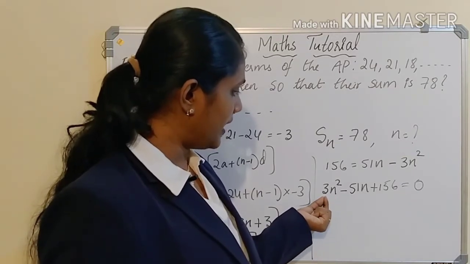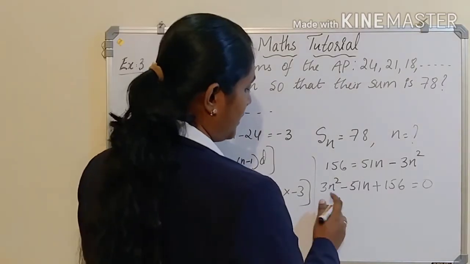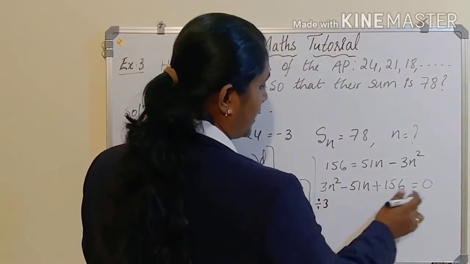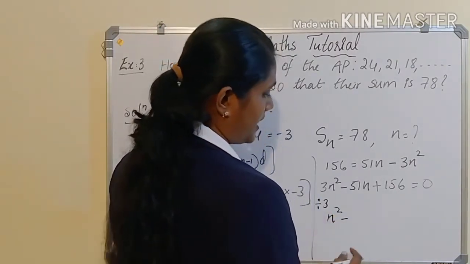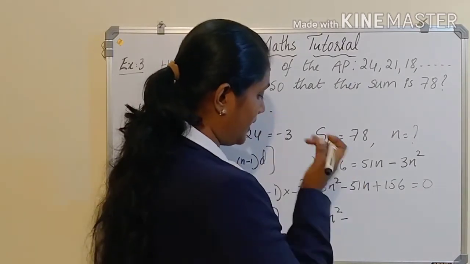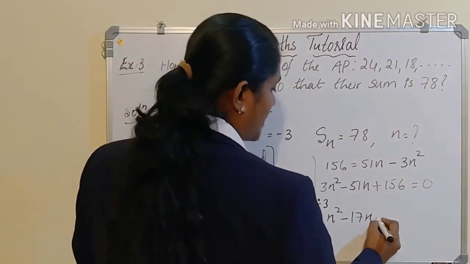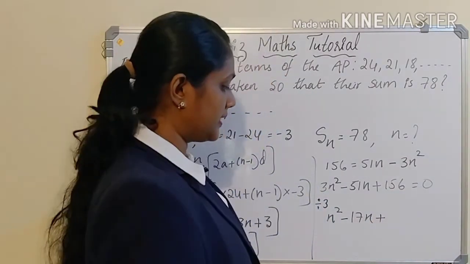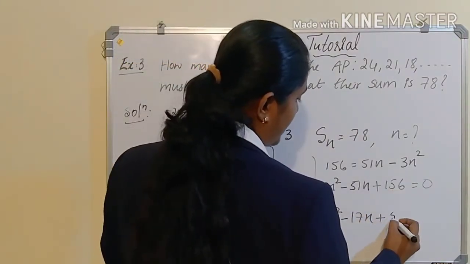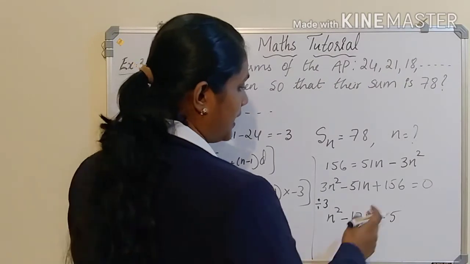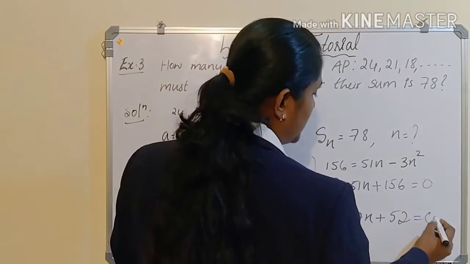Now divide this whole equation by 3, then what will you get here? n square minus, 3 how much, sir? 51, 3 17s are 51, n plus 156, 3 how much, sir? 3 5s are 15, am I right? Then how much, sir? 3 2s are 6, 52 equal to 0.